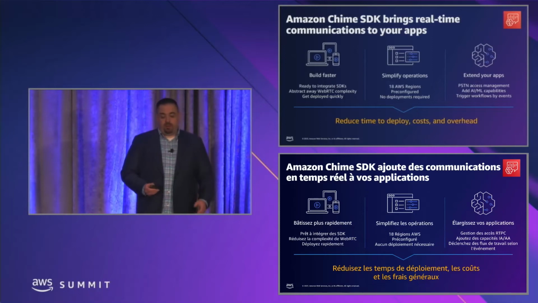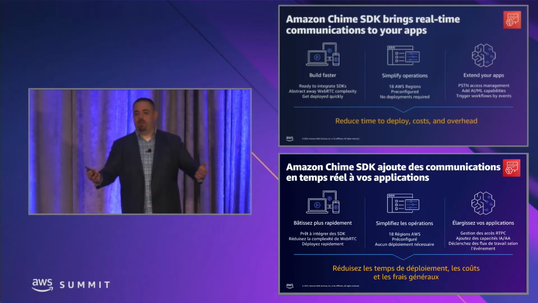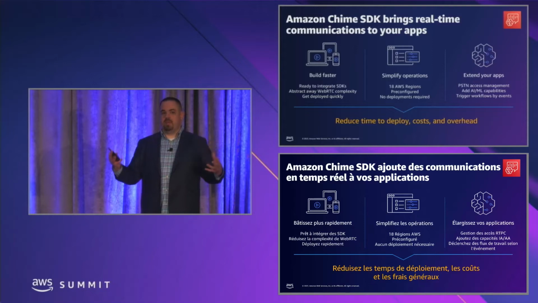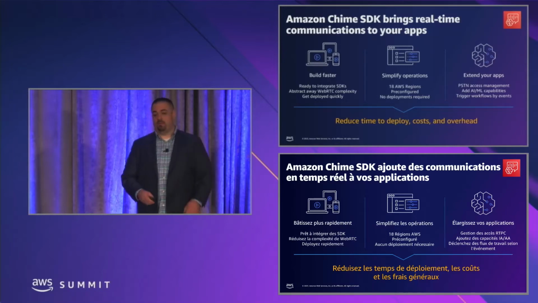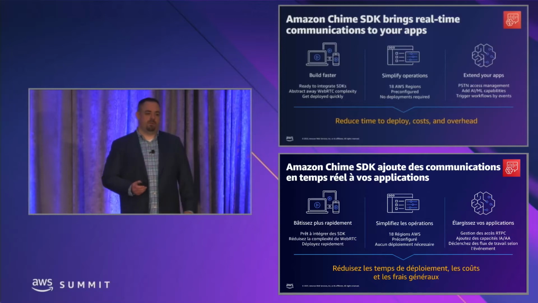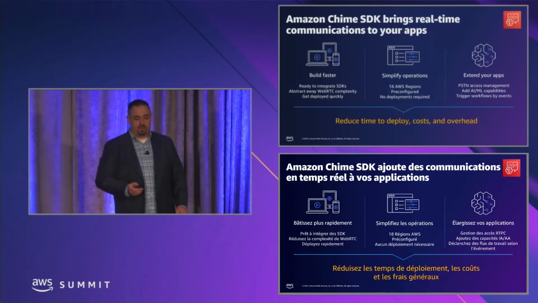What that means is we take away some of that heavy lifting of the media, allowing you and your builders to focus on what you do best, not have to hire a team of experts to figure out how to do WebRTC or voice.